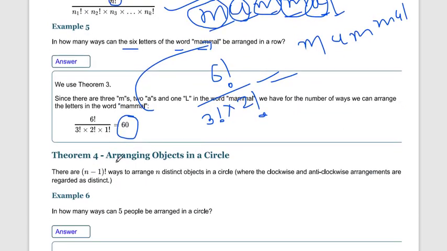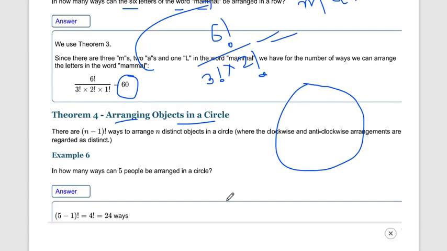Next theorem: arranging objects in a circle. You have to arrange objects in a circle. For objects in a row, our first theorem is n factorial, as there are n spaces available and n objects to choose from.